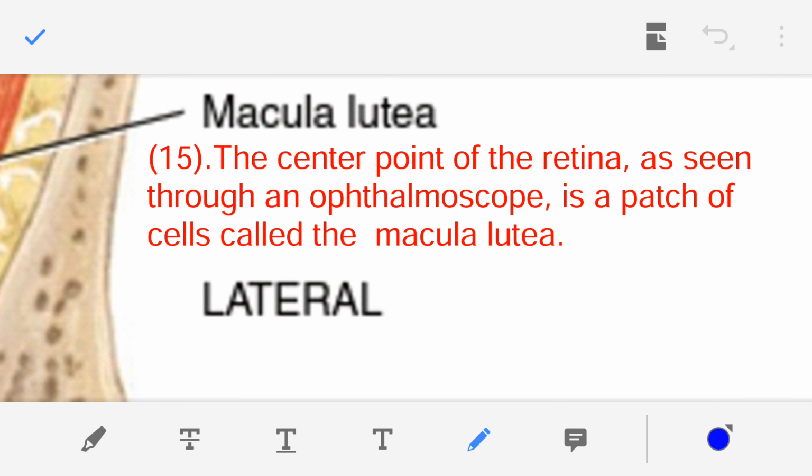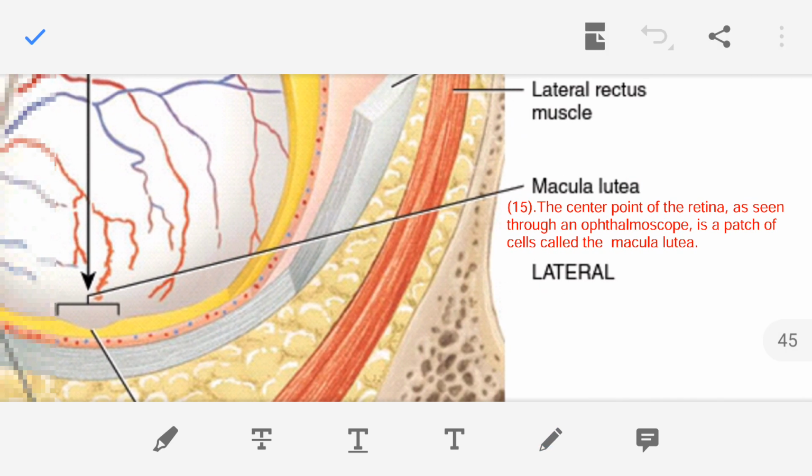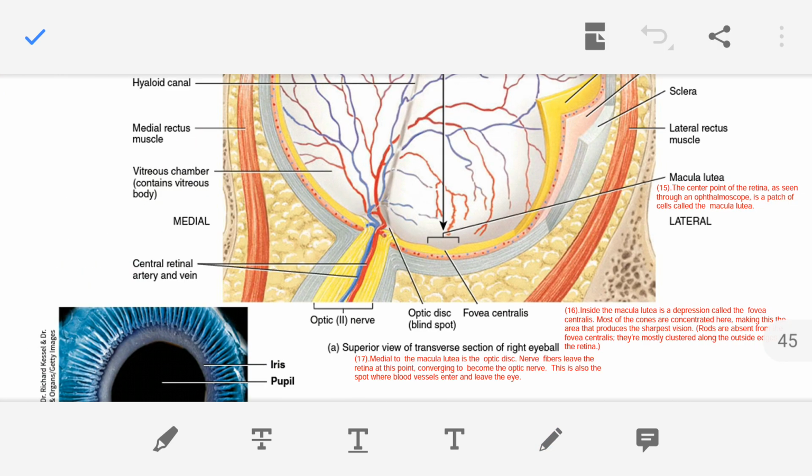The Macula Lutea is the center point of the retina which can be seen through an ophthalmoscope. It is a group of cells, a patch of cells, present in the center of the retina.